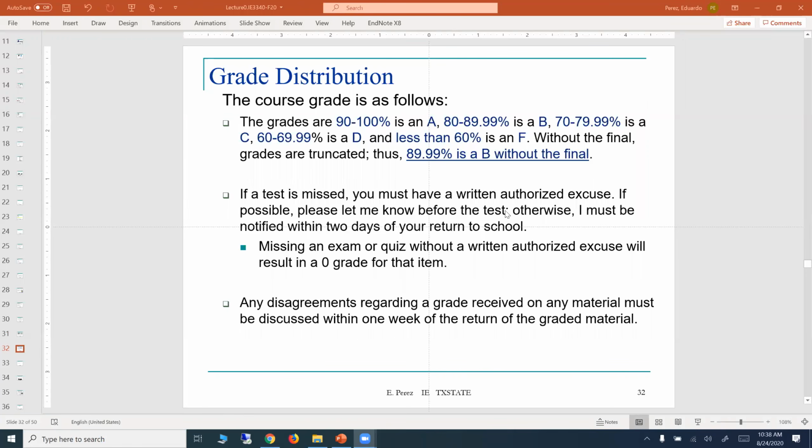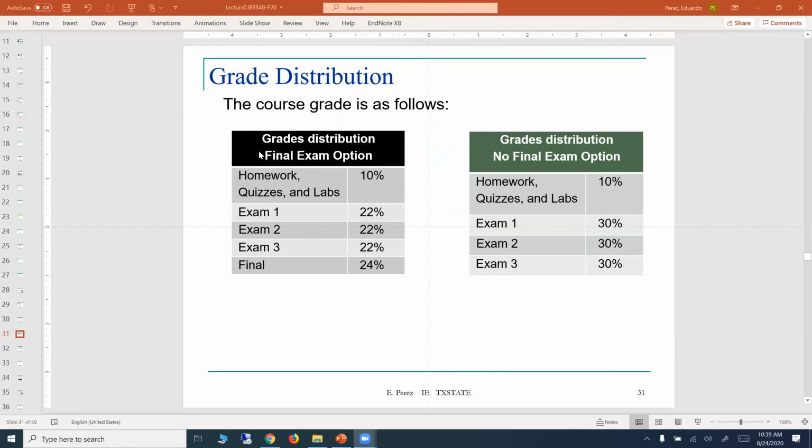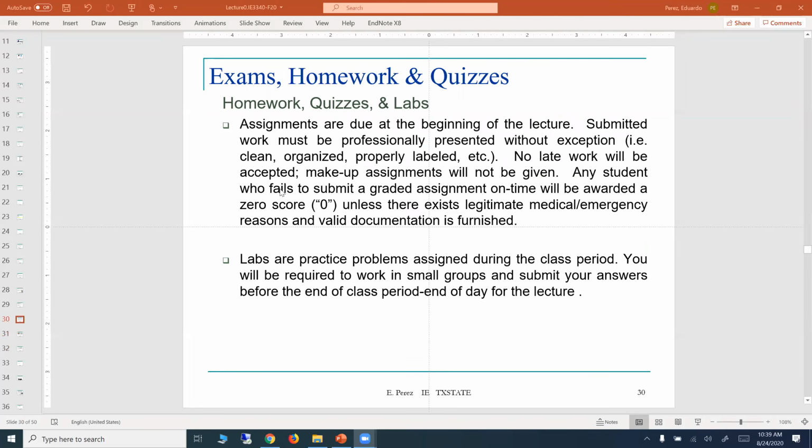For the lab, how do we work in a group? So there are no group labs, obviously because of the limitations of the online environment. Typically this would happen during the class period, and the small groups would happen within the class.